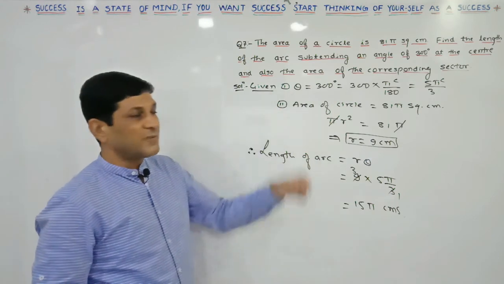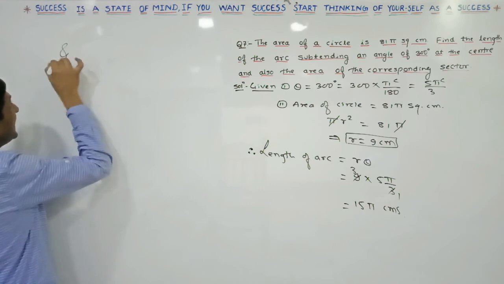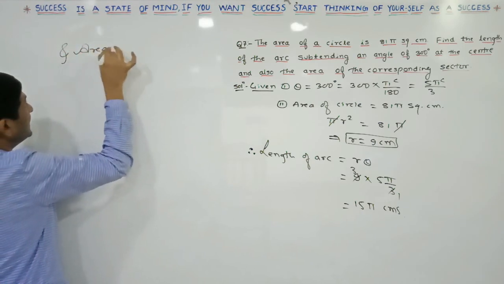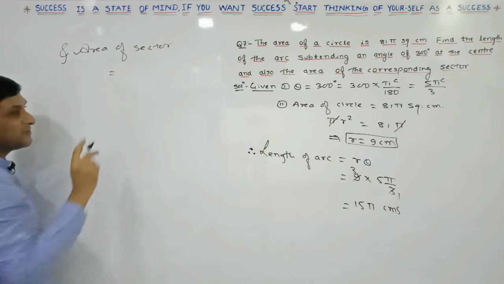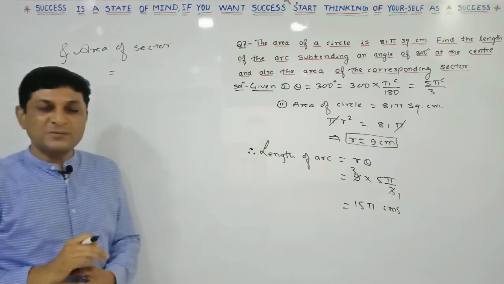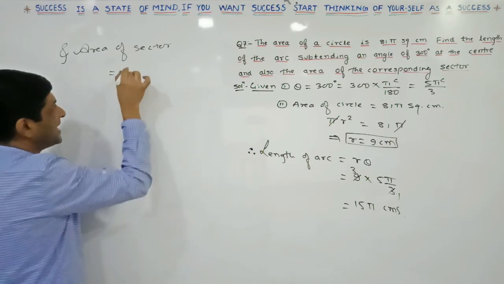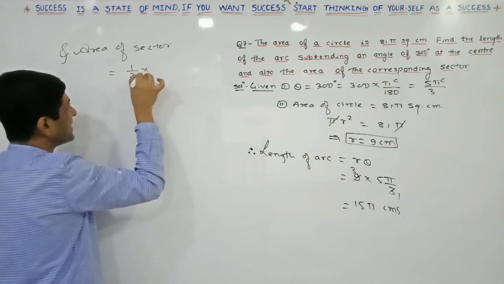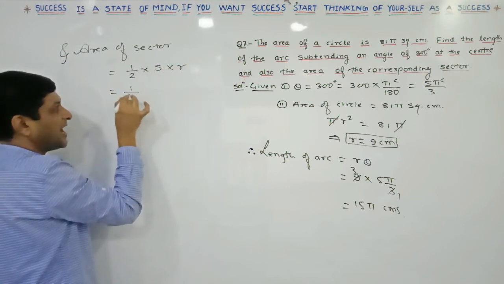Now we are trying to find out our second required value, that is the area of sector. To find out the area of sector we have two formulas. The first formula is half r square theta and the second formula is half rs. We are giving priority here to applying the formula half rs. So half, keep it as it is.